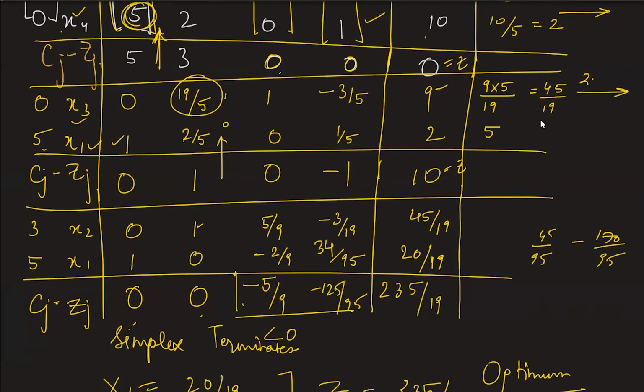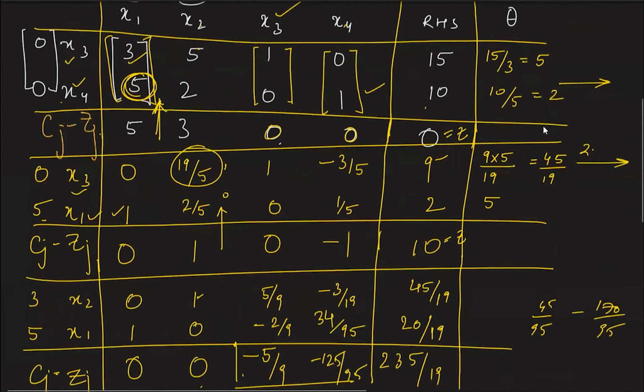And one thing you can figure out is that the increase in the z from iteration 1 to iteration 2 can be given by the highest Cj minus Zj into theta minimum. So 5 into 2 is 10. So the increase that we see is here, 10.